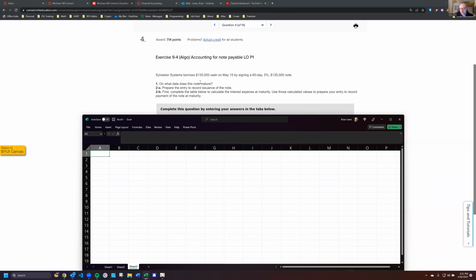Okay, so issuance and payment of it. So one, when does the note mature? Okay, so let's figure that out. Issued on 5/15, and the term is 60 days, right?